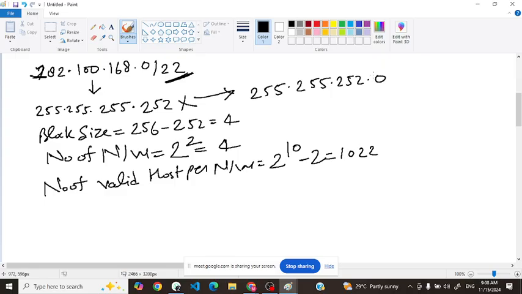Lakshman, block size is correct, but the number of networks will be 2 to the power of 6. Sorry, I was reading incorrectly.